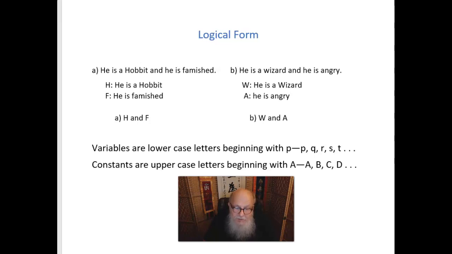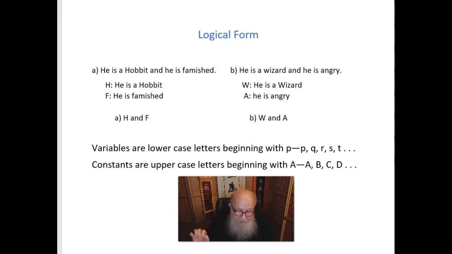Now, it's important to realize that the constants, the capital letters, are just shorthand for expressing the propositions. So H is just shorthand for he is a hobbit, and so forth. Now, also recall the notion of variables and constants, which might be familiar to you from high school algebra. Variables are lowercase letters beginning with P in our system. So our variables, and they're like the X, Y, and Z in algebra, but in logic we use P, Q, R, S, T, U, V, W, X, Y, and Z. And the constants are all the uppercase letters of the alphabet beginning with A. Okay?